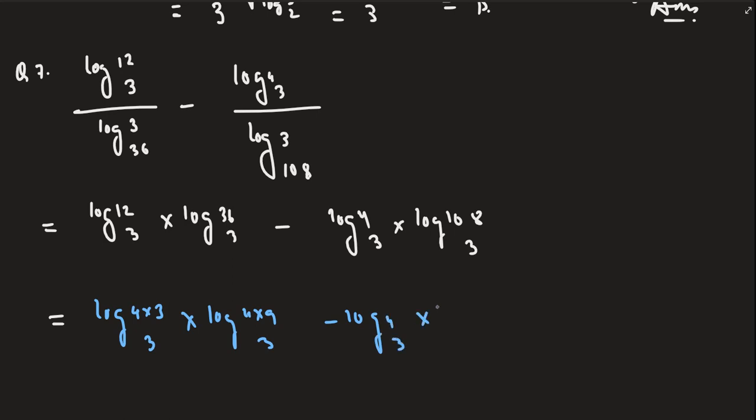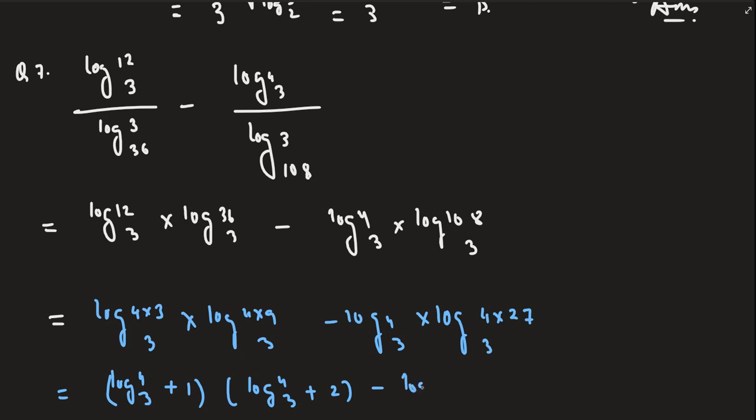Now in this way, log 4 base 3 plus log 3 base 3, which is 1. Here log 4 base 3 plus log 9 base 3, which is 2. Here log of 4 base 3 plus log 27 base 3, that is actually 3.